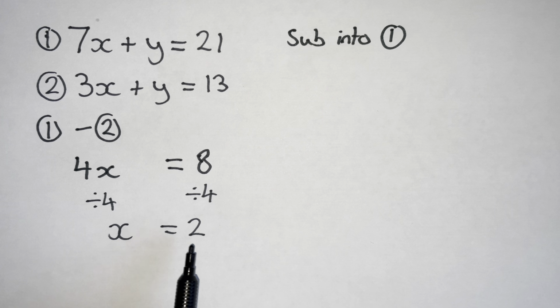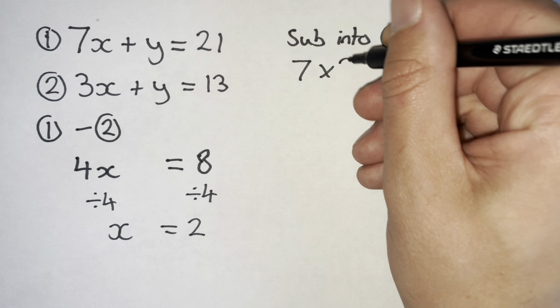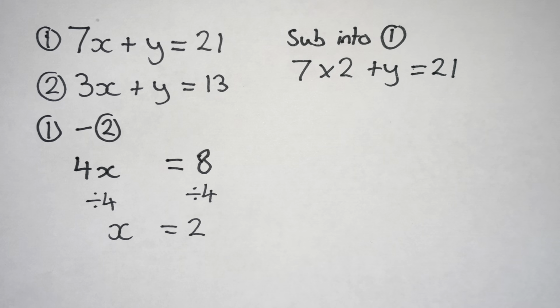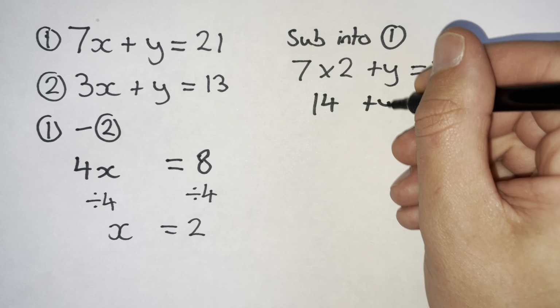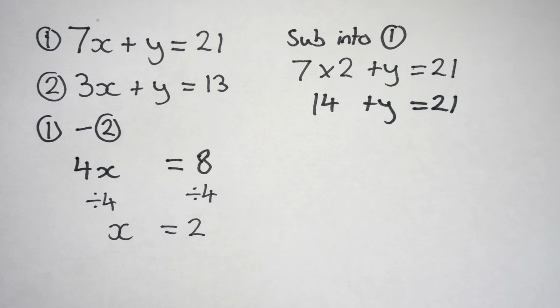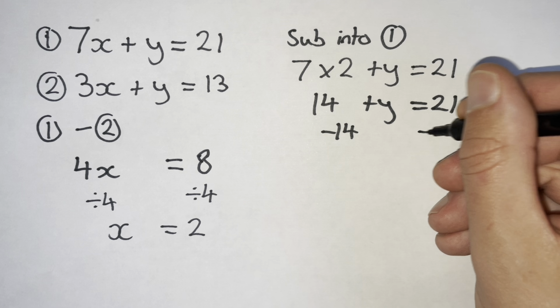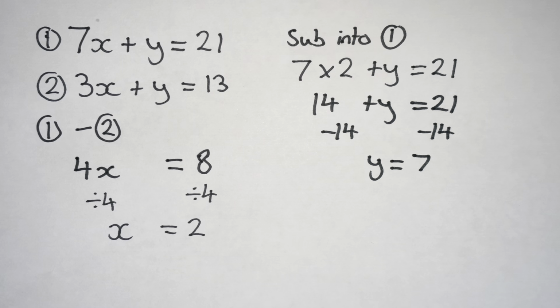And if I substitute this into equation 1, that's going to be 7 times 2 plus y equals 21. Well, 7 times 2 is 14. And I can solve this equation by using inverse operations and subtracting 14 from both sides. And that's going to give me y equals 7.